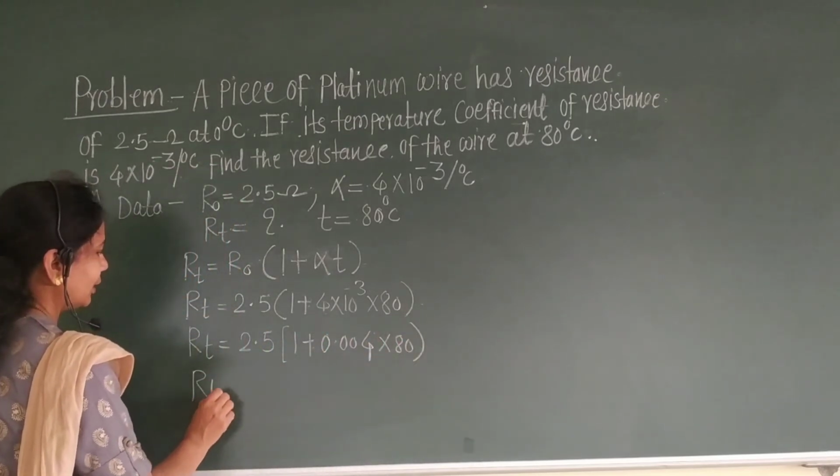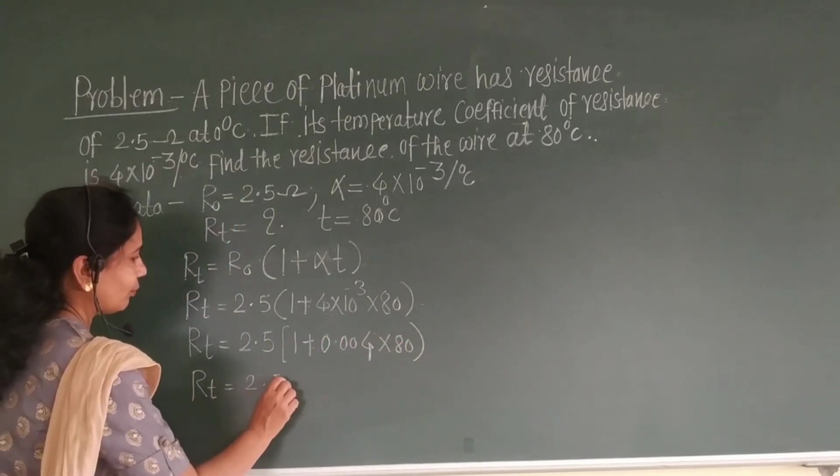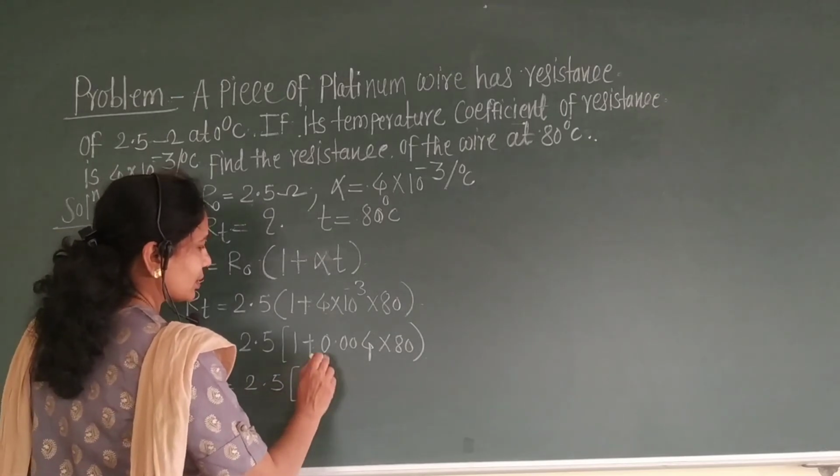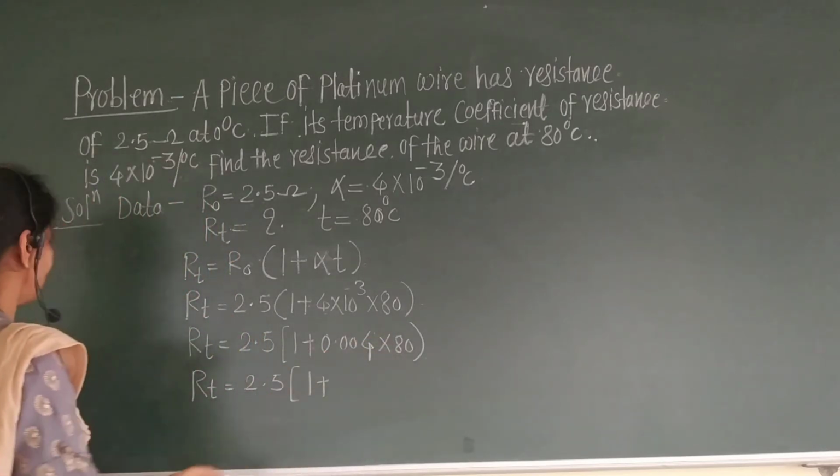Here 4 into 10 raised to minus 3 is 0.004. Therefore RT is equal to 2.5 into 1 plus 0.004 into 80.